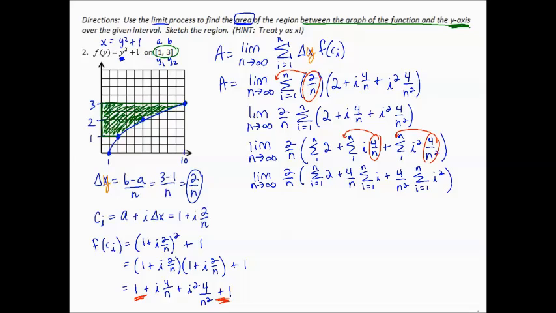Now we can use our formulas to find the sum of 2, which is just 2n, going from 1 to n, the sum of i, n times n plus 1 over 2, and then the sum of i squared, n times n plus 1 times 2n plus 1 over 6.